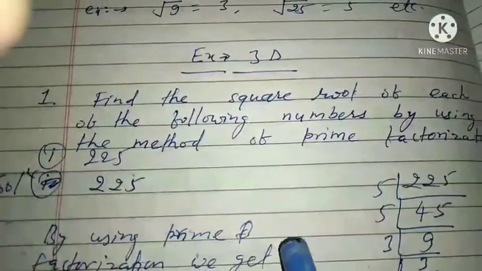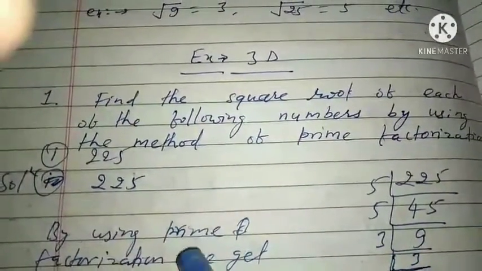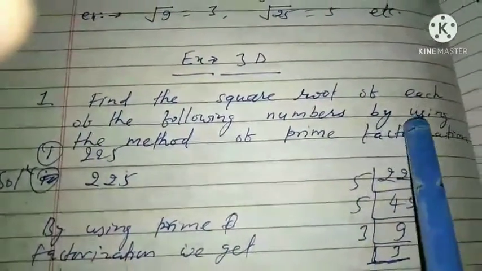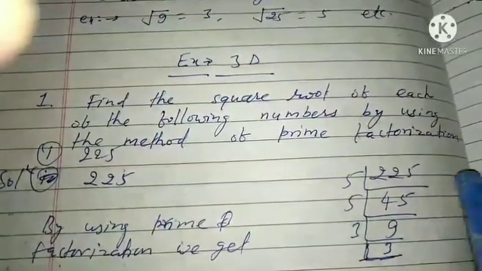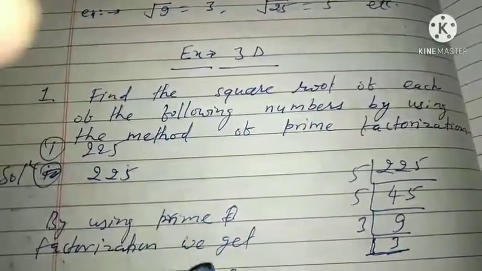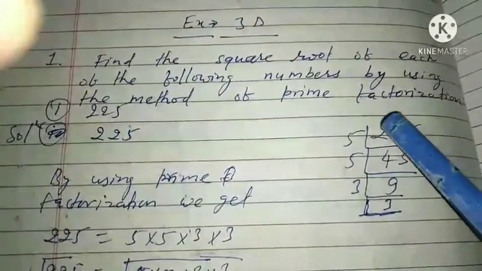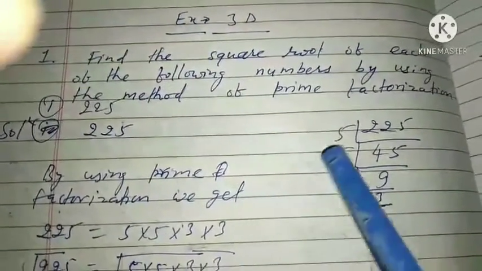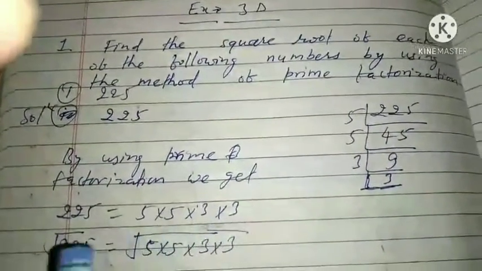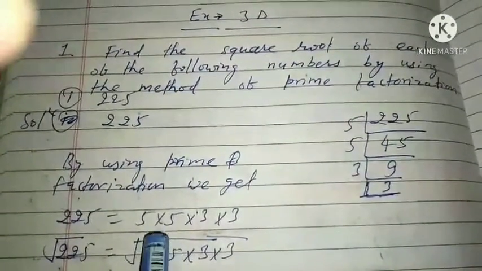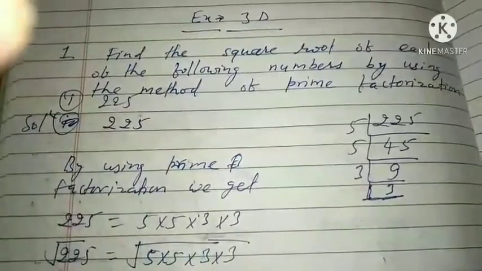Let's check out some questions from exercise 3D. The first question says, find the square root of each of the following numbers by using the method of prime factorization. The first number is 225. Similarly, the first step is to find the prime factors of 225. These are the prime factors of 225. So by using prime factorization, we get 225 is equal to 5 into 5 into 3 into 3.